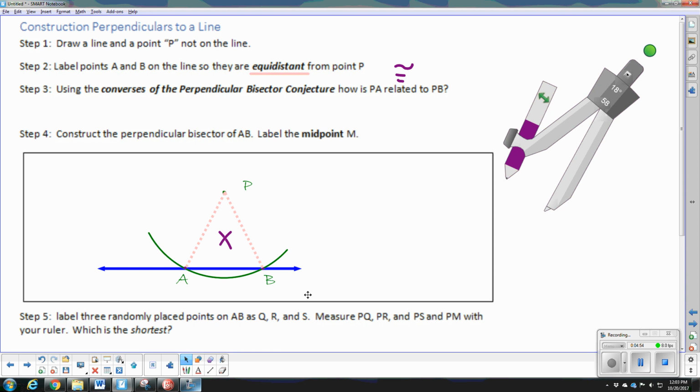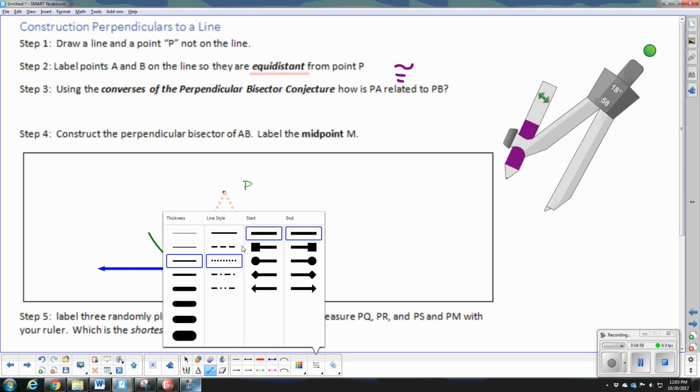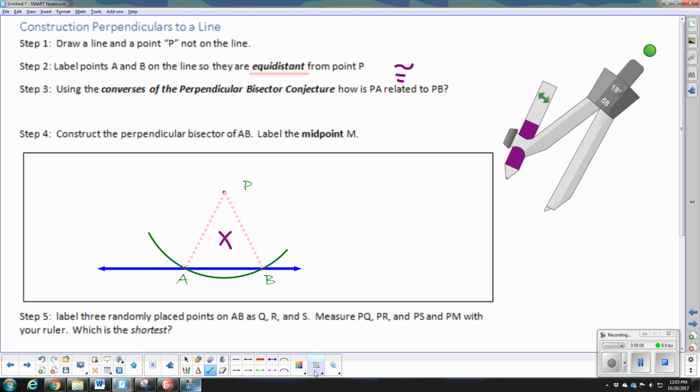So where those 2 arcs intersect, that point is equidistant from A and B, and P is also equidistant from A and B. So therefore, that point right there and point P form my bisector.